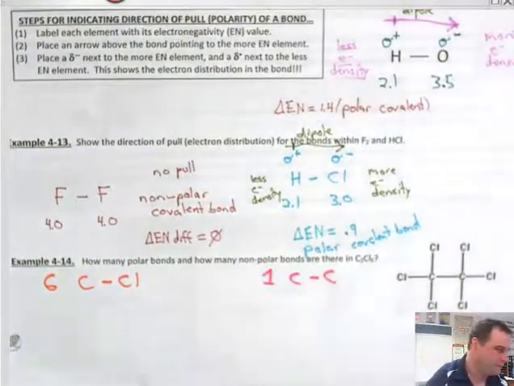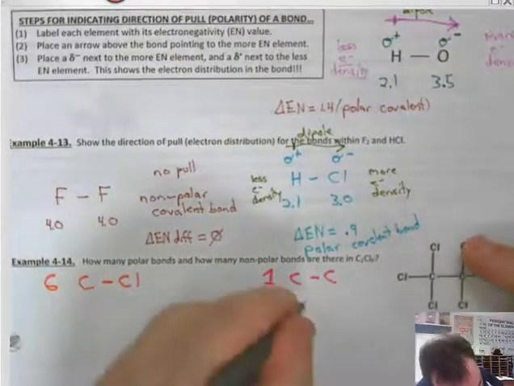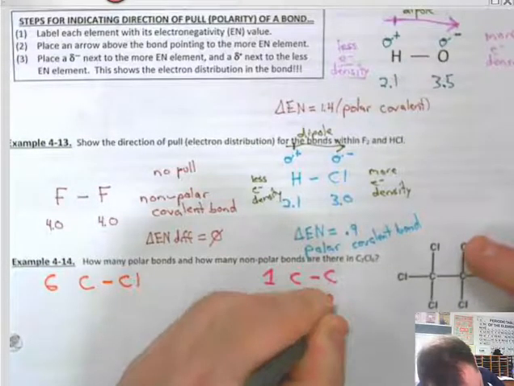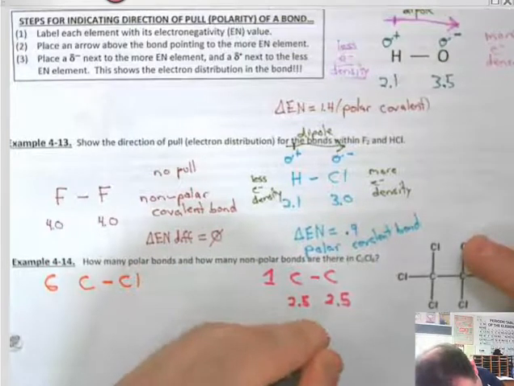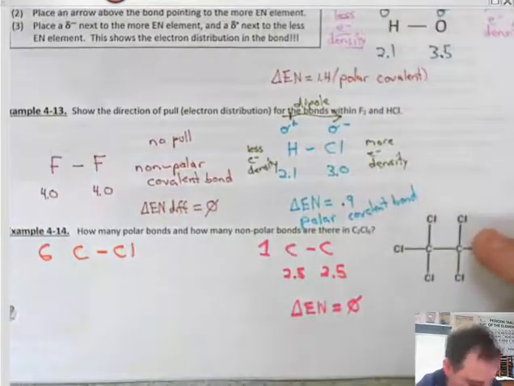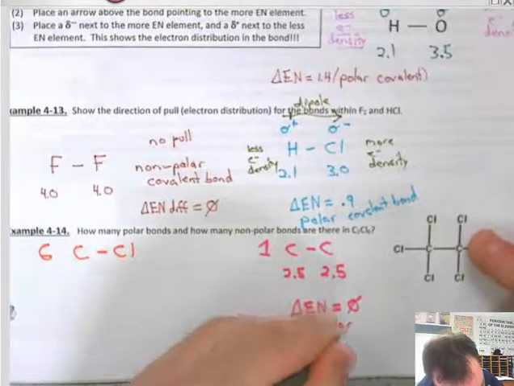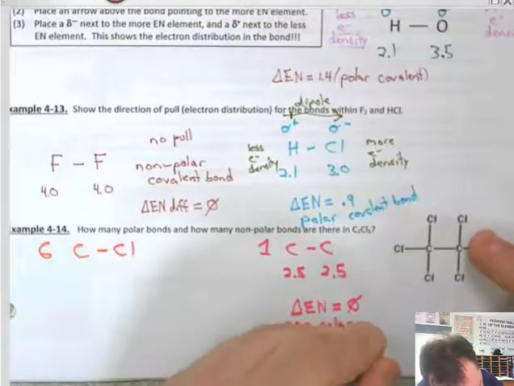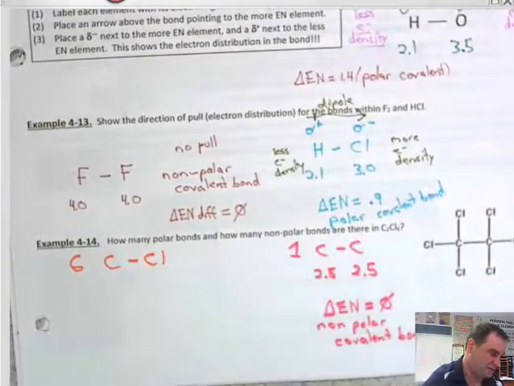I'm going to start with the C to C bond. The electronegativity of C is 2.5, and the electronegativity of C is 2.5. The electronegativity difference is equal to 0, which means this is a non-polar covalent bond.